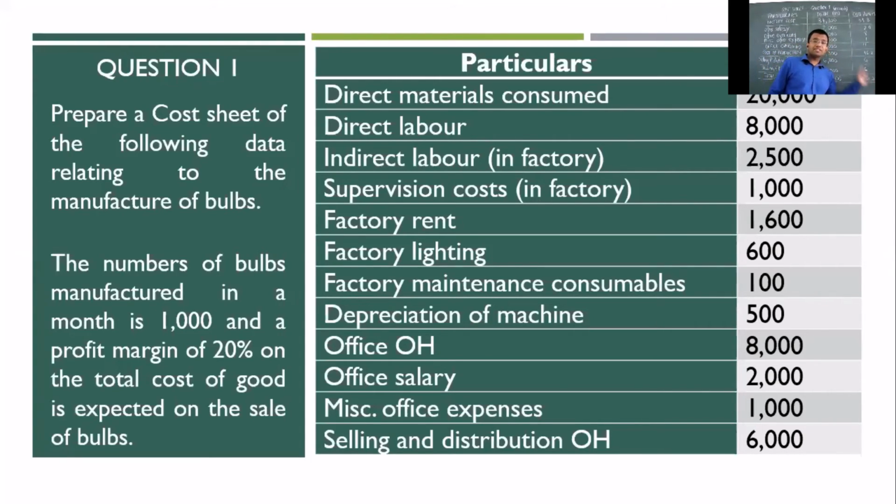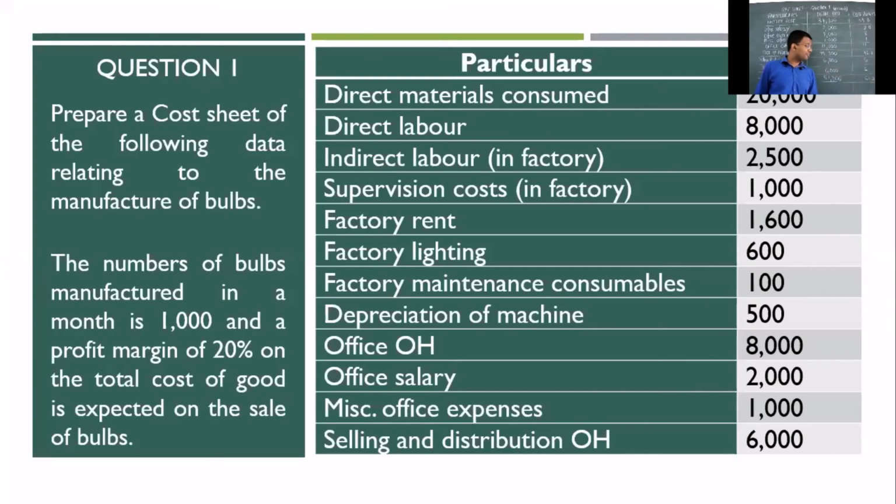Or in terms of cost per unit, 51.3 rupees is the expense you're having for manufacturing one bulb. Which means if you have to sell your bulb, you have to sell at a price higher than 51.3.